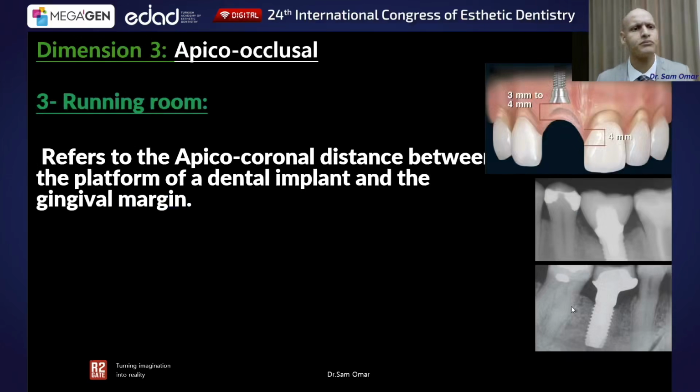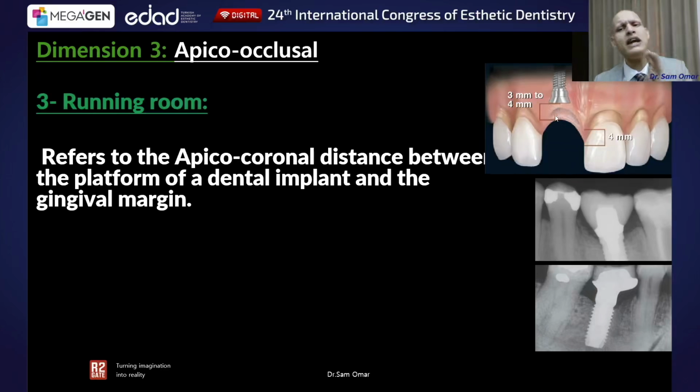Dimension number 3, which is apico-occlusal. So what do we look at when we're positioning the implant in an apico-coronal position? We need to keep one thing in mind, which is basically running room. So what is running room? Running room is the distance between the implant platform and the zenith of the soft tissue. So this distance right here is basically what we call the running room.